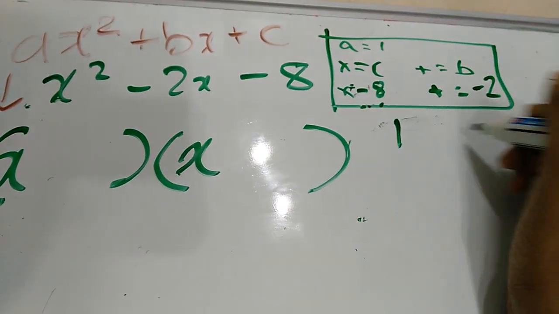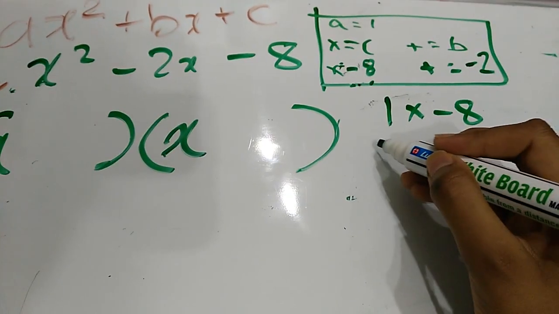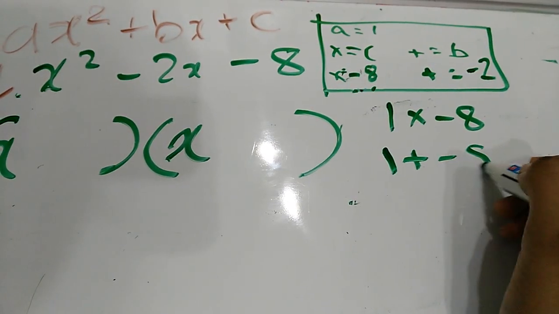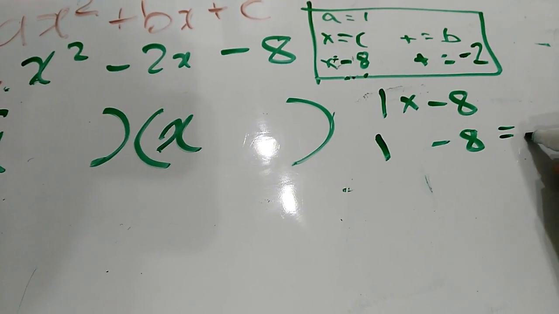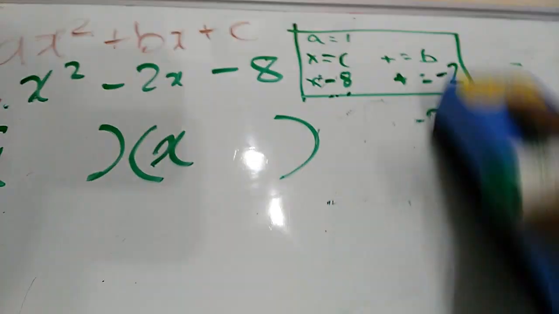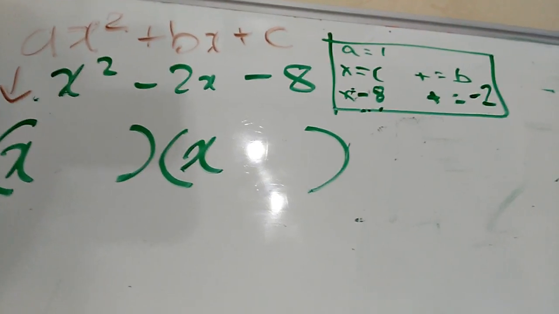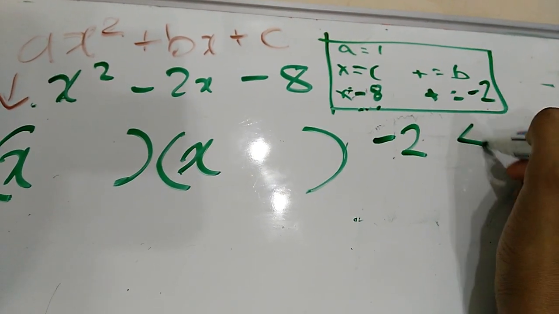Well, 1 and minus 8 can times to give me minus 8. But 1 plus minus 8, which is basically just 1 minus 8, gives me minus 7, not minus 2. So that's wrong. The next set of values I can use is minus 2 and 4.